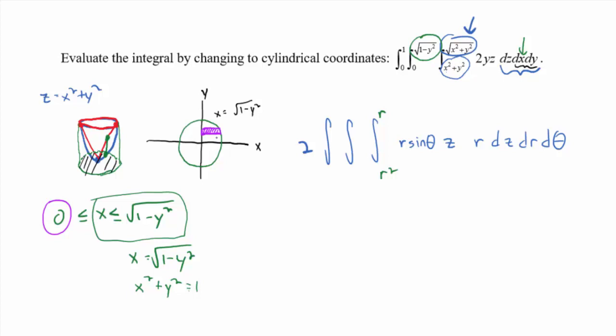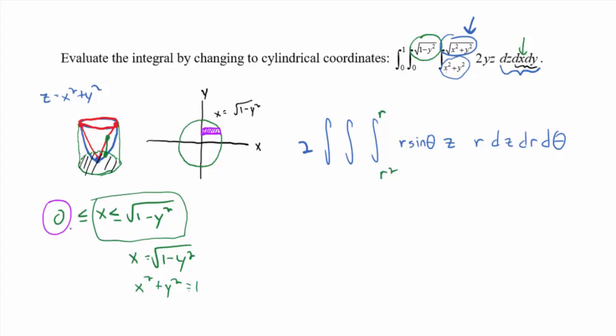So what part of the circle does x equal the square root of 1 minus y squared describe? Not the top part, not the bottom part. Really, if you're just talking x equals square root of 1 minus y squared, it's the right-hand part of the circle. Now, we are going to be limiting it to the first quadrant because of something else. But just talking about that equation, it's the right half of the circle.